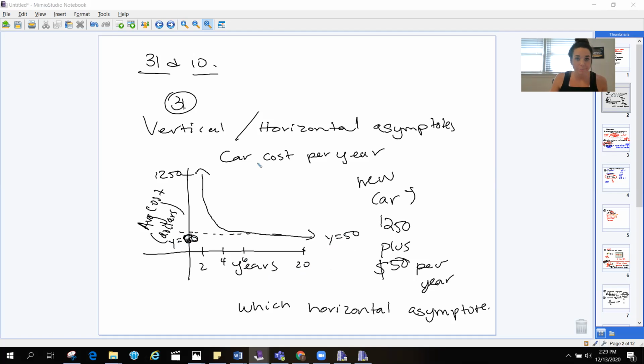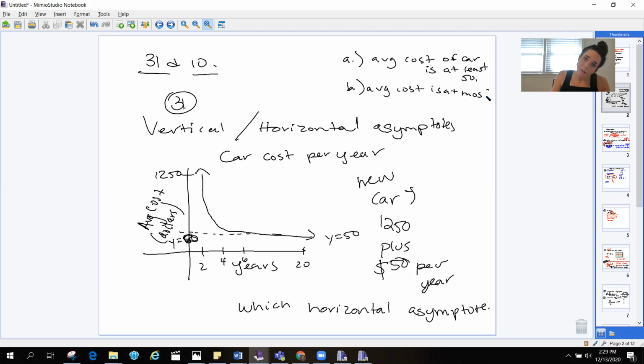And your choices are: the average cost of the car is at least $50. The average cost is at most $50. Or the average cost will eventually be 50.